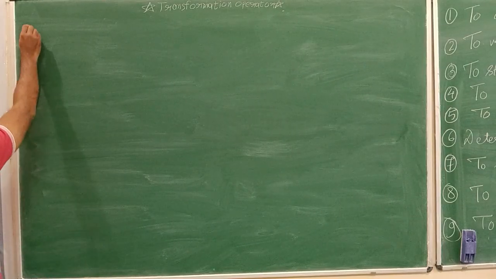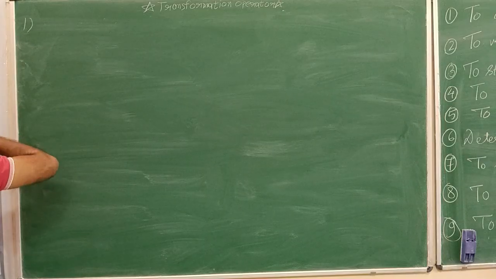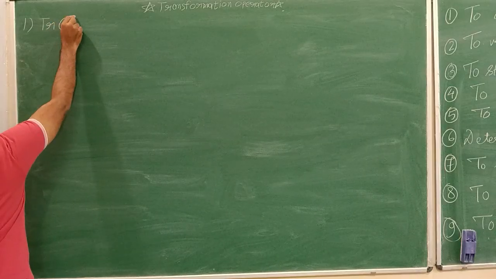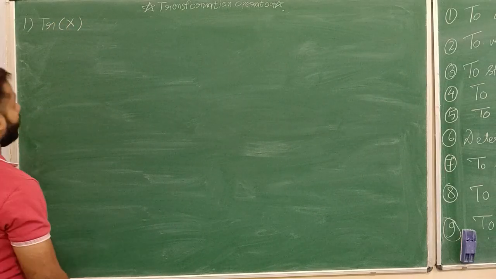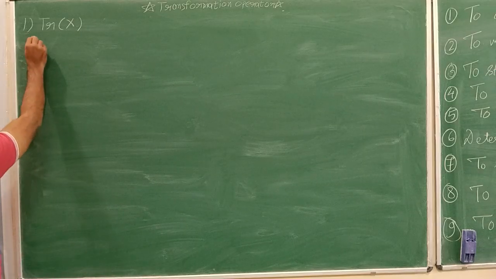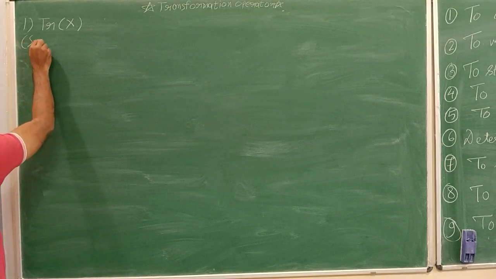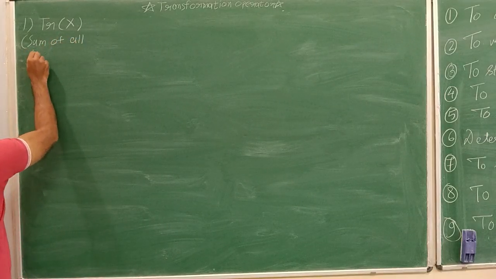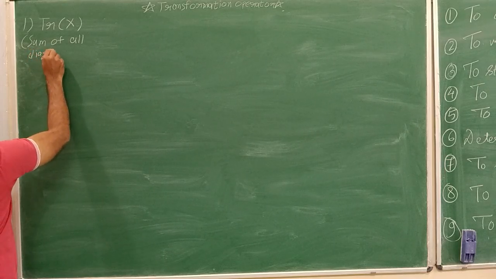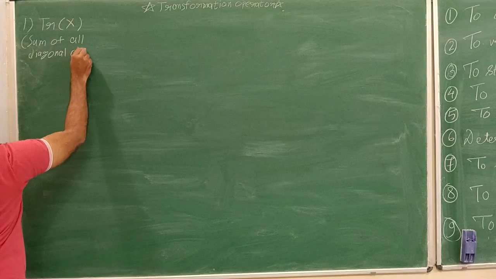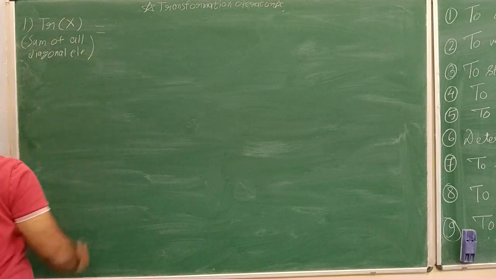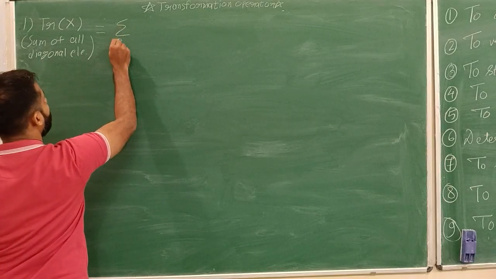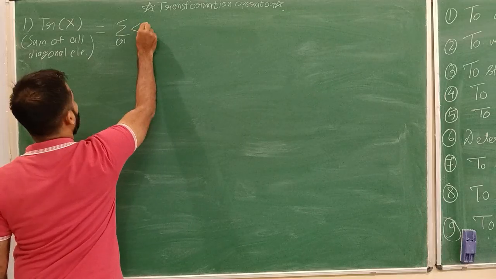Since we have done the similarity transformation, let's try to prove some small results. What is the trace of X? It is the sum of all diagonal elements. How can we write it in the bracket notation?